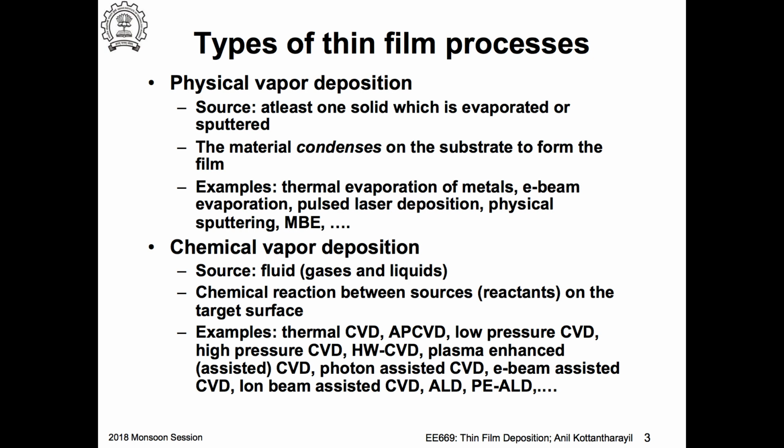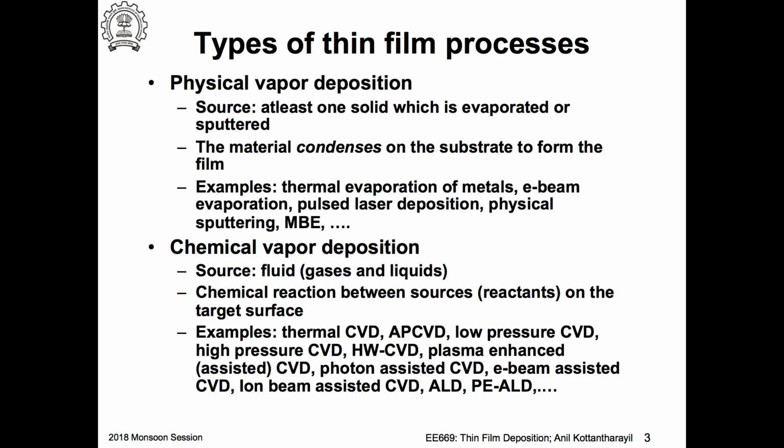Now, if you look at the examples I mentioned, thermal evaporation is not a VLSI process, but it's used for making a lot of semiconductor devices, small volume production, laboratory experiments, and so on.